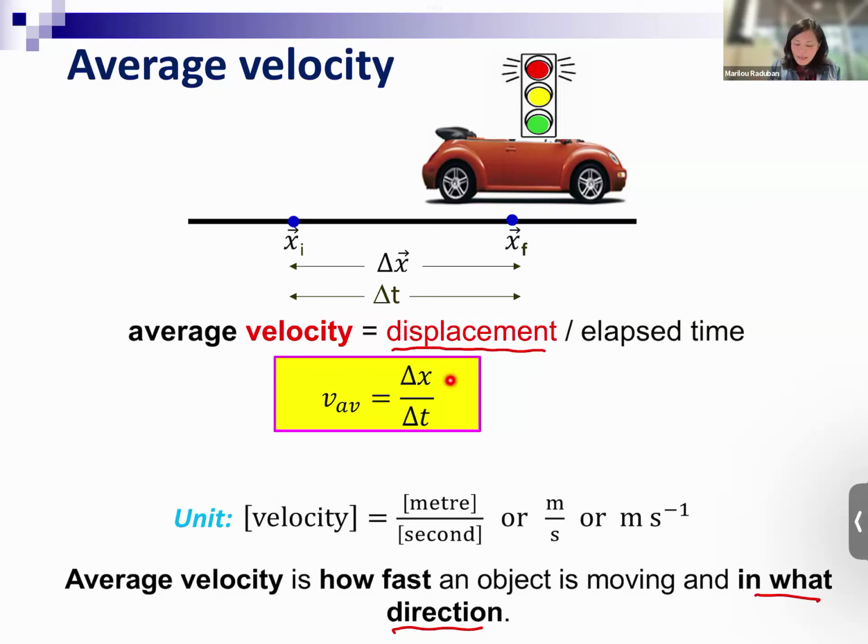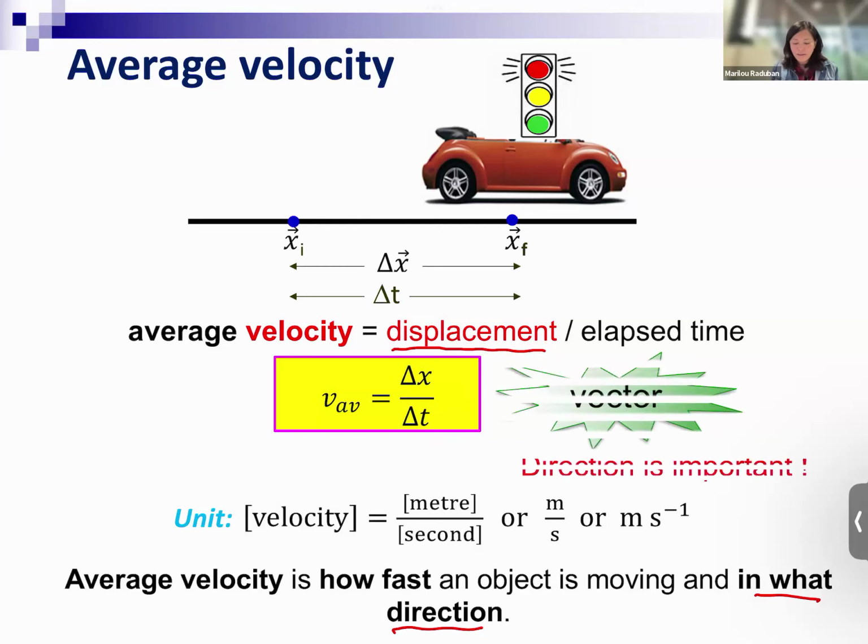And hence, average velocity is represented as the displacement delta x over the time interval. And of course, it's a vector quantity because displacement is a vector quantity and direction is important. Good.